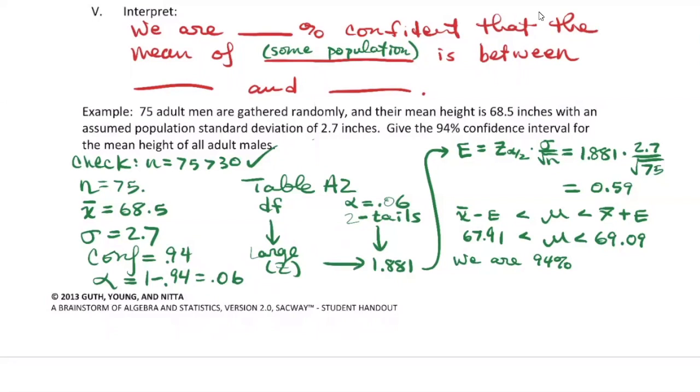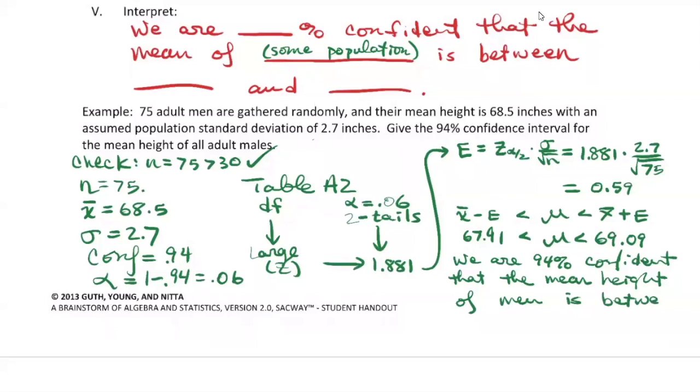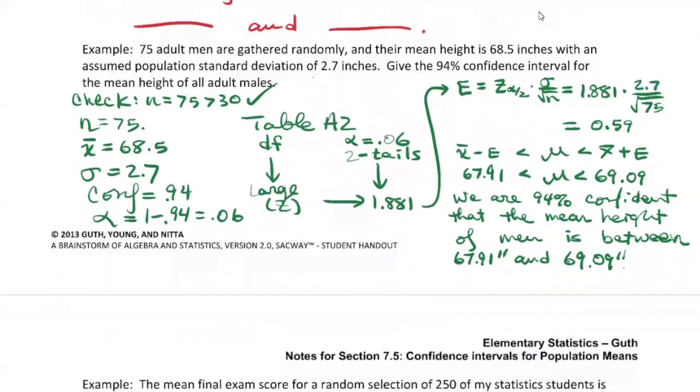So we are 94% confident that the mean height of men is between 67.91 inches and 69.09 inches. Okay, just like that, simple. Okay, any questions?